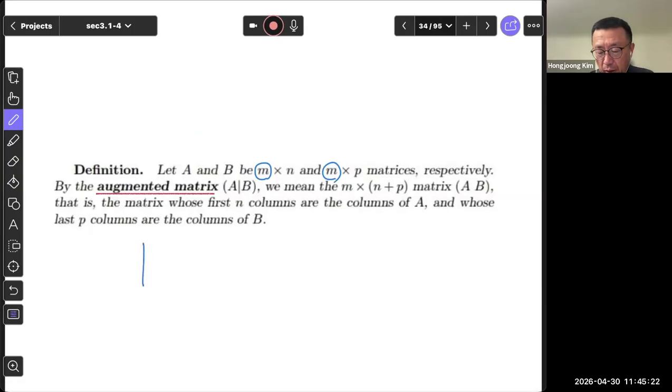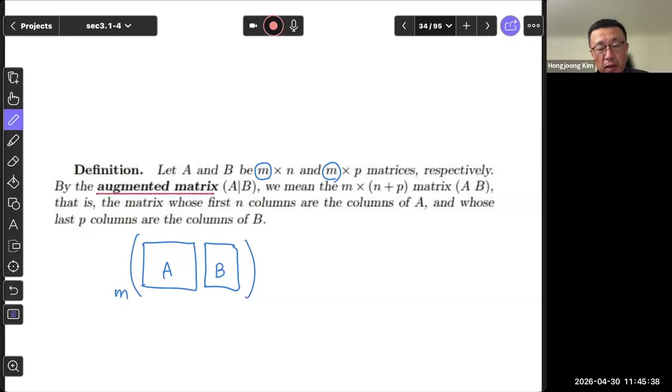Then this big matrix has m rows, and the number of columns will be n plus p. This new matrix, combining the columns of A and B, will be called the augmented matrix.